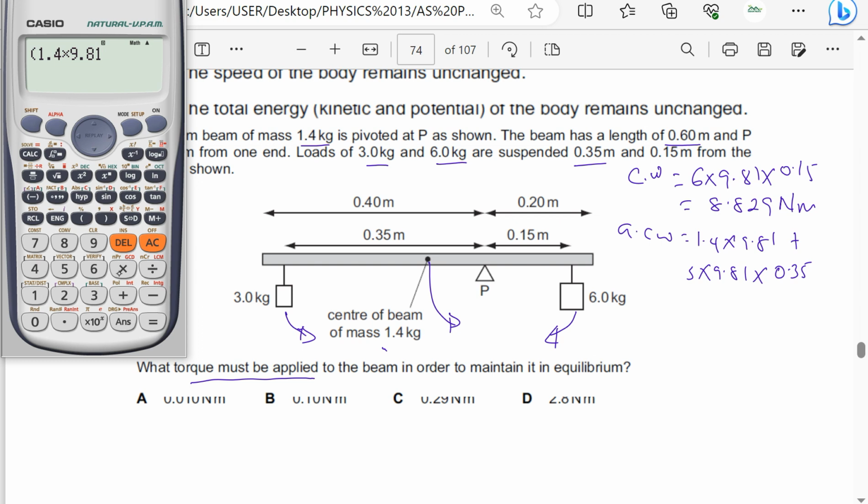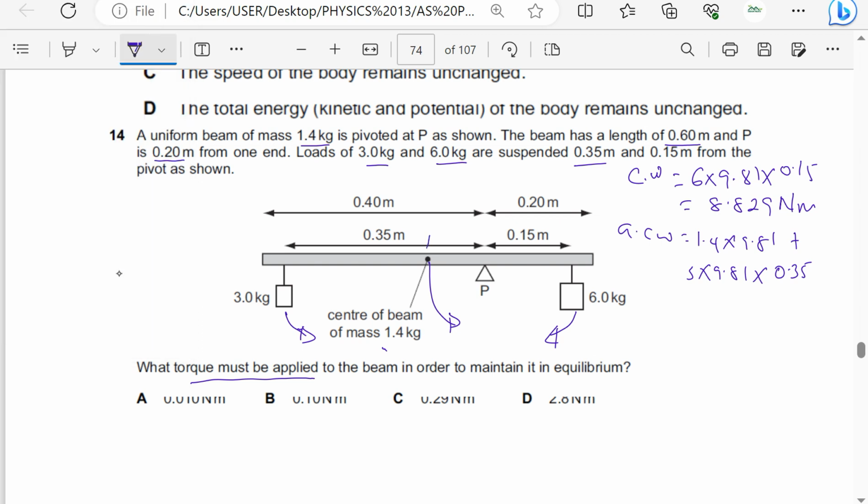Did I multiply by the perpendicular distance of 1.4? No. The perpendicular distance of 1.4 is this one here, which is, if this is 0.4, and so this is 0.1.